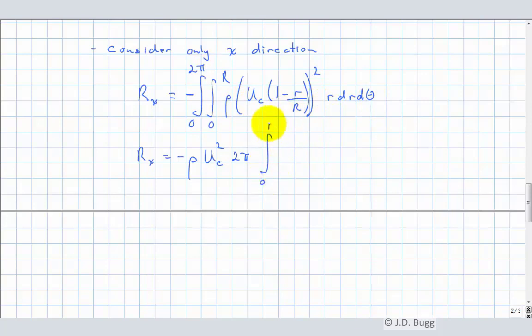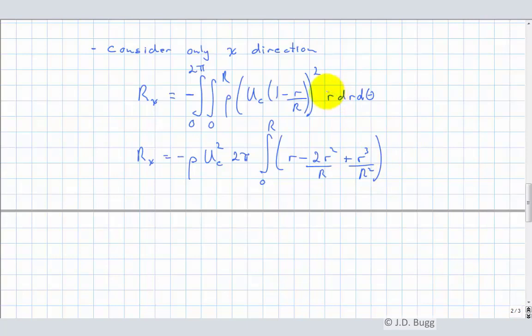And then our r is 0 to R, so we're integrating 1 minus r over R, squared, so I'm just going to square that out. So that's r minus 2r squared over R plus r cubed over R squared.